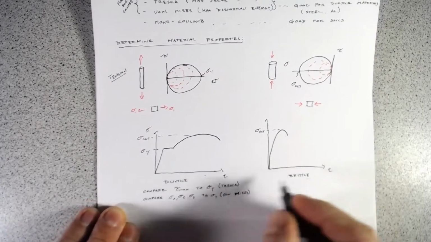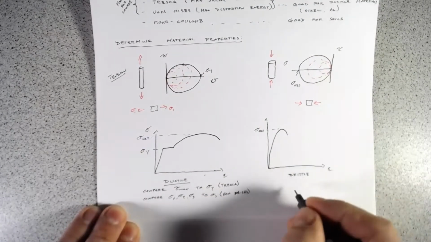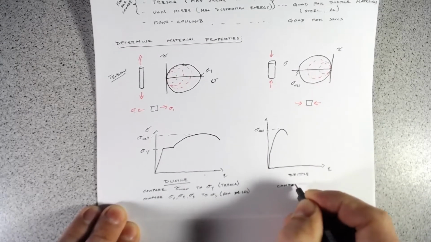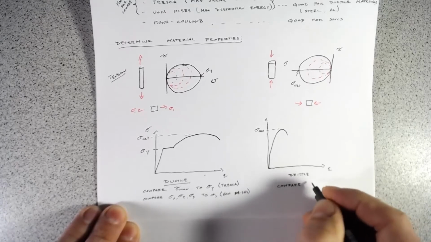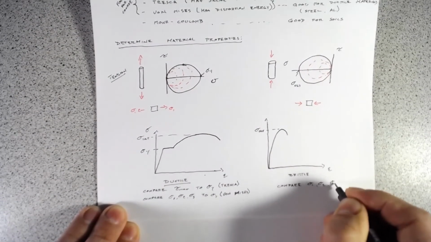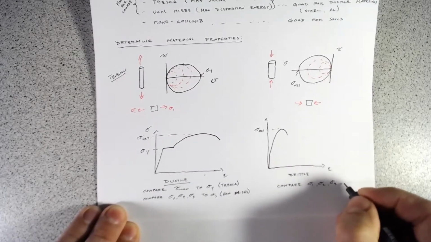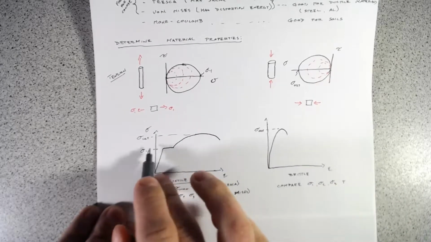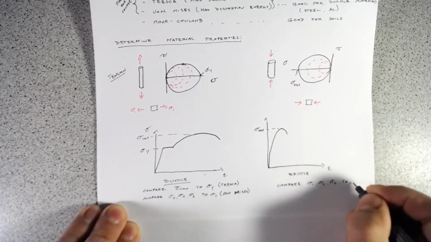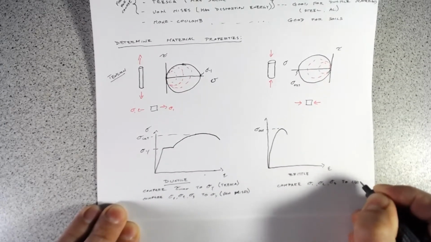And then for our brittle material, again, we'll be comparing our principal stresses, sigma 1, sigma 2, sigma 3, but instead of comparing to a yield, because we have a brittle material, we compare to the ultimate strength.